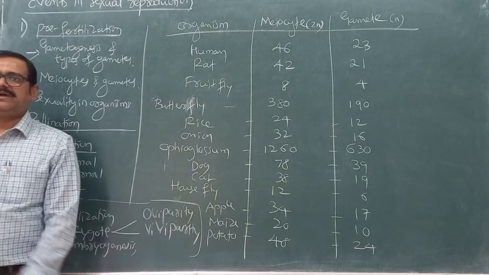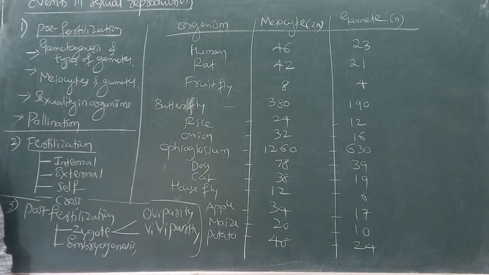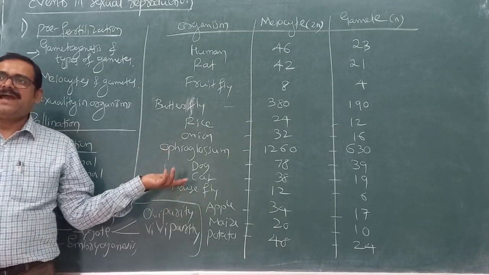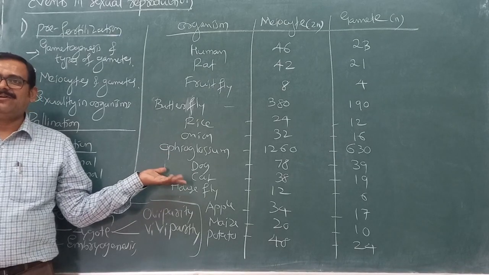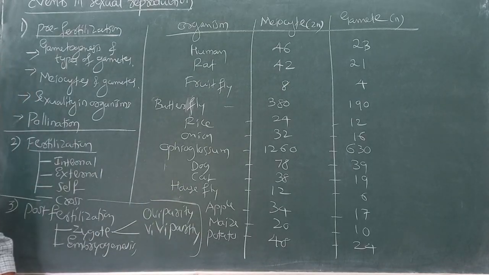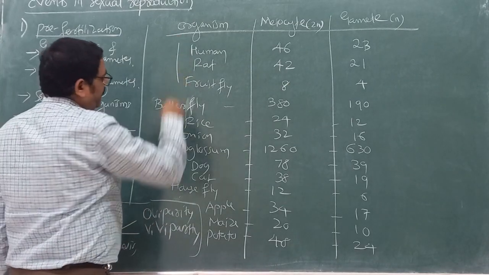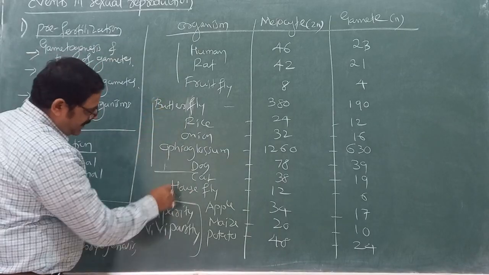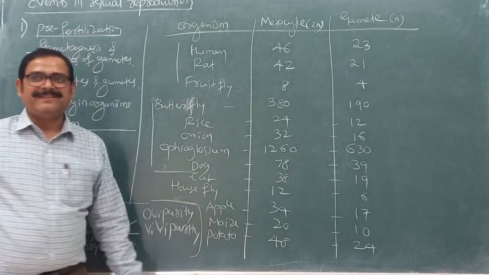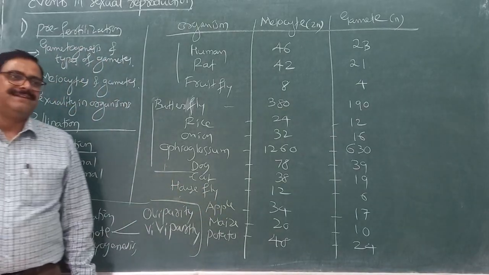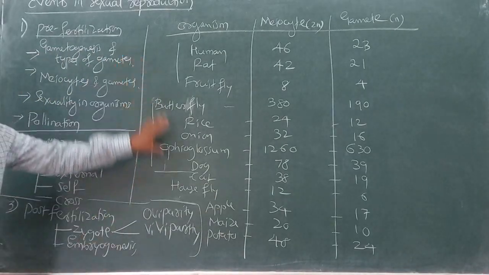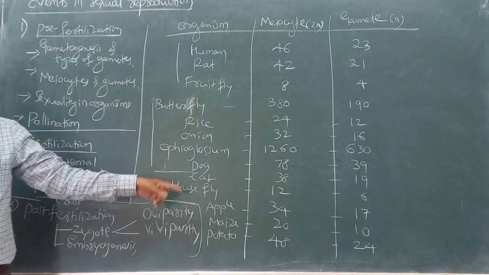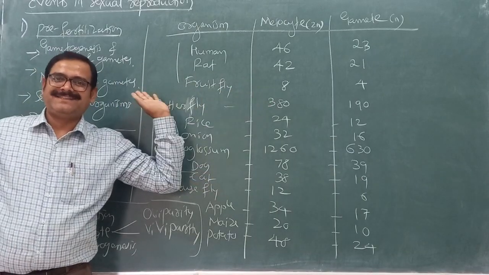So you need to remember the names as well as the chromosome numbers, because in the exam they may give this as a match-the-following table. You need to remember the sequence of the names of the organisms. Then you need to memorize it, but you should not forget the chromosome number.